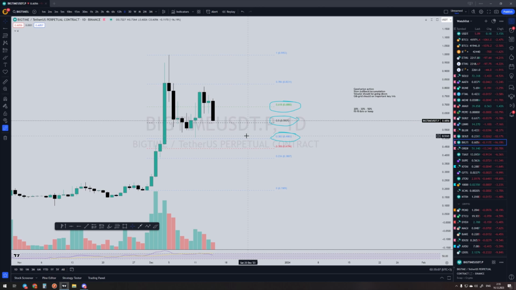So how to calculate position size and risk. First of all, split your order.